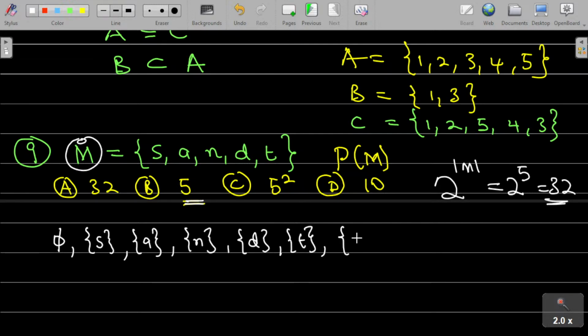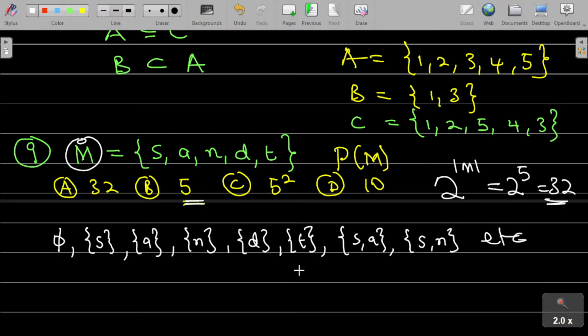You can pick S and A, you can pick S and N, and so on. I don't need to list it for you here. It's going to give you 32. Even the ones I've listed are already more than 5.